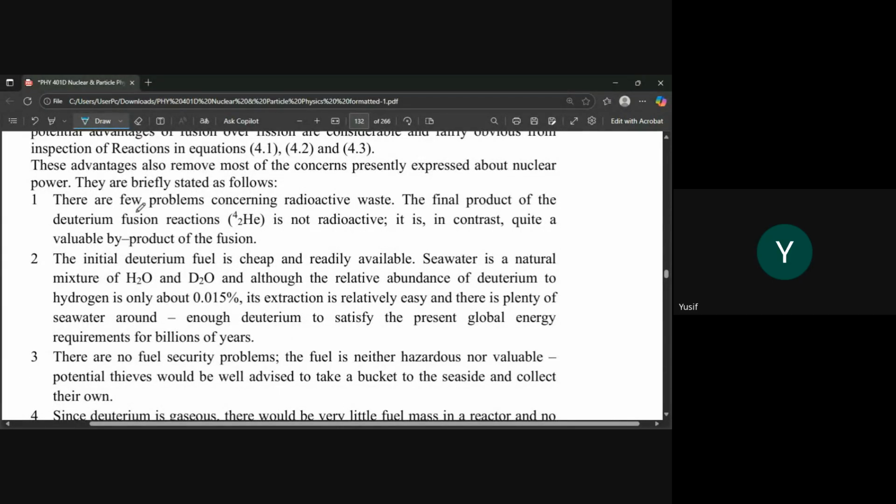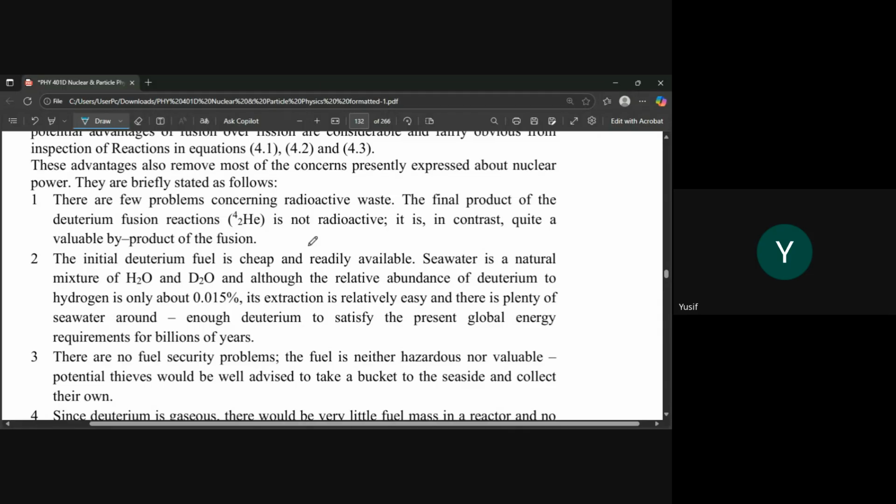There are few problems concerning radioactive waste. So when you are talking about the fusion reaction, the waste products are not as bad as compared to those of the fission. Because at the end of the day, the final product we are producing is a stable atom, which is not radioactive, because it's the reactants that are radioactive.